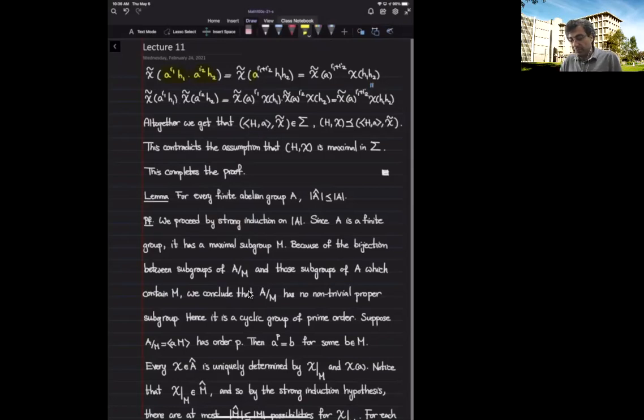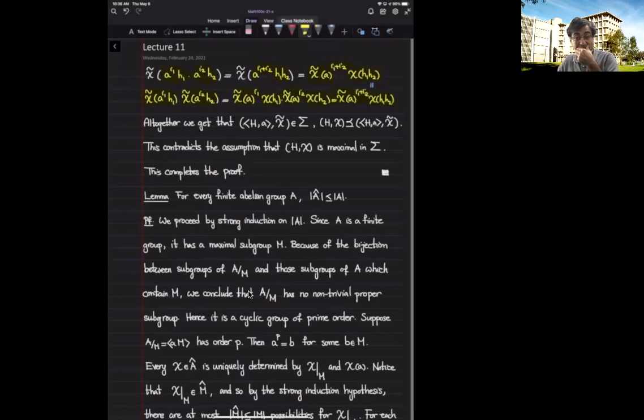By definition, I apply chi tilde to A raised to power I1 plus I2, and let chi act on H1, H2. To show that this is a group homomorphism, I apply it to each of these elements separately. Using the definition, I get this element for the first factor and this element for the second factor. I can reorder the terms and end up getting the same product.